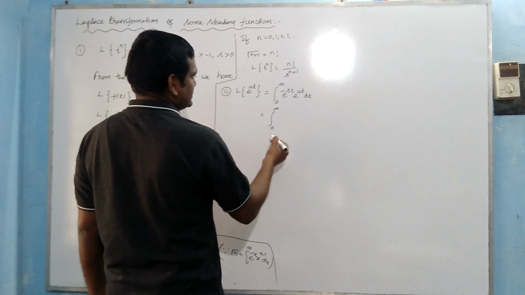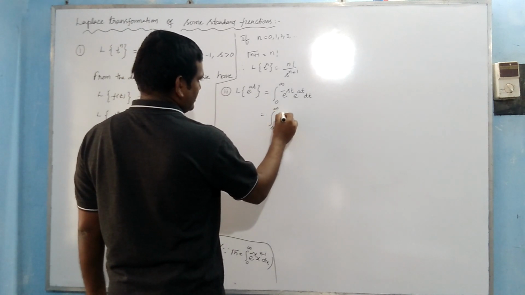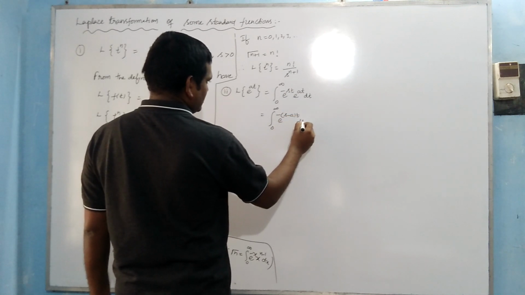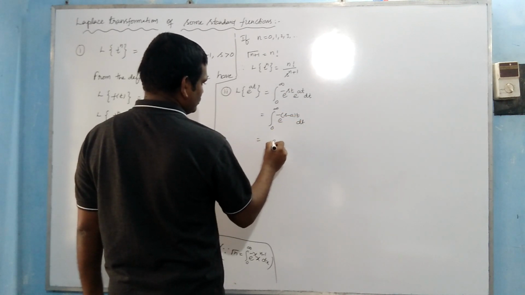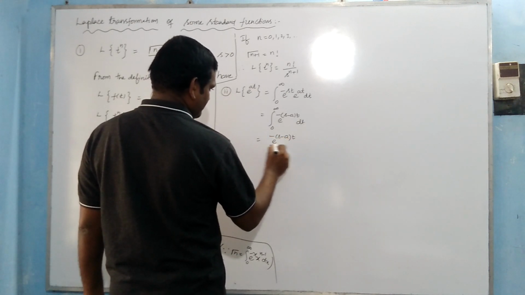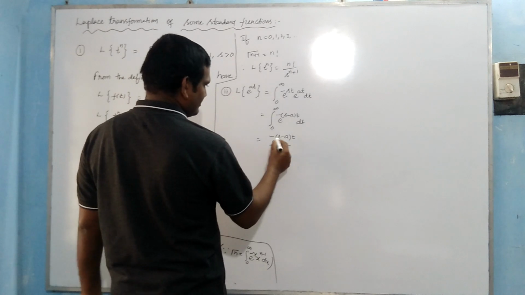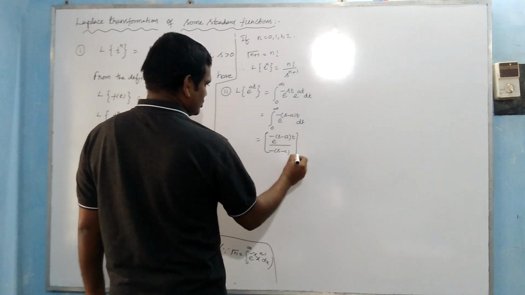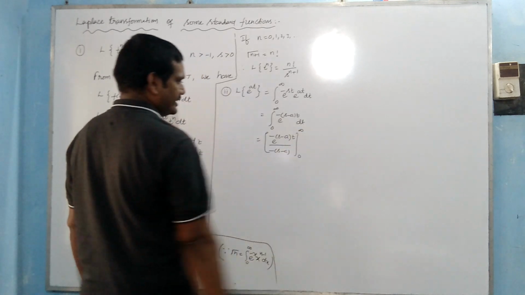This can be written as integral 0 to infinity e power minus of s minus a times t dt. Now applying this integral, the integral of e power minus of s minus a t has derivative minus of s minus a, from 0 to infinity.